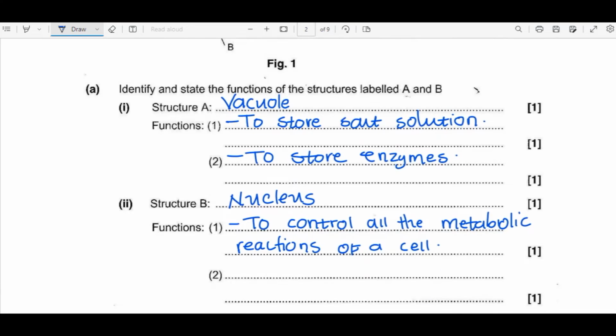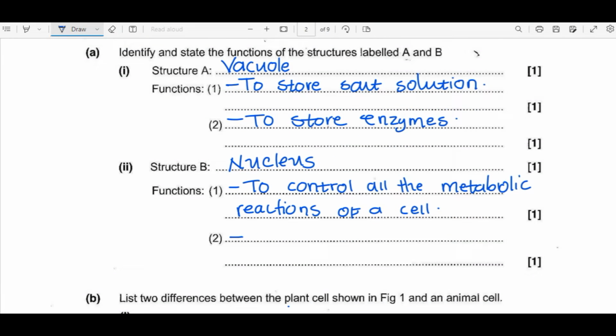Then the second one, to store genetic makeup of a cell.